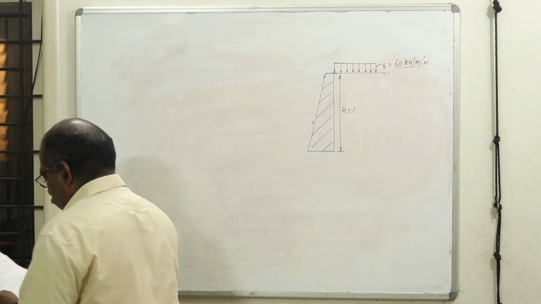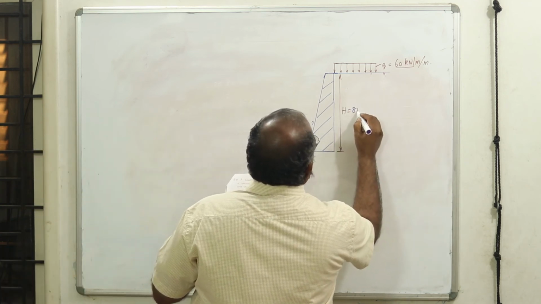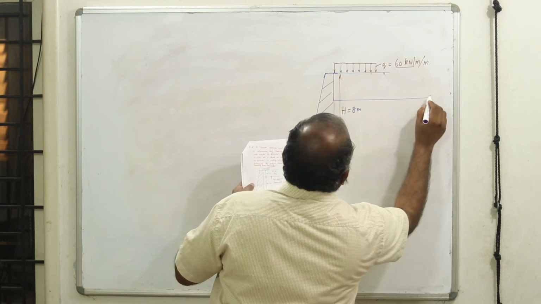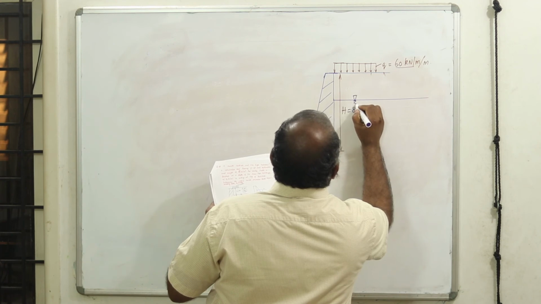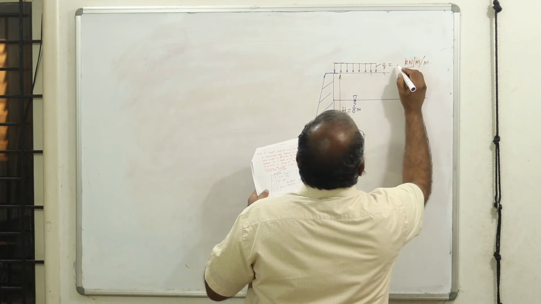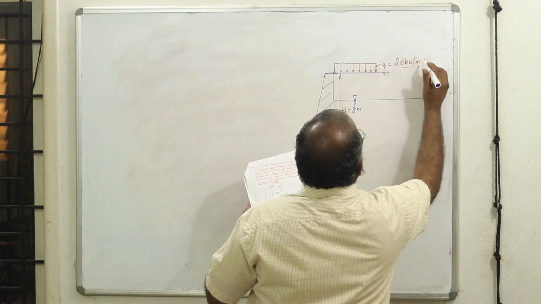Let us say the height is 8 meters. The first 3 meters is dry and then you have a water table, and the surcharge is 20 kilonewton per meter square.